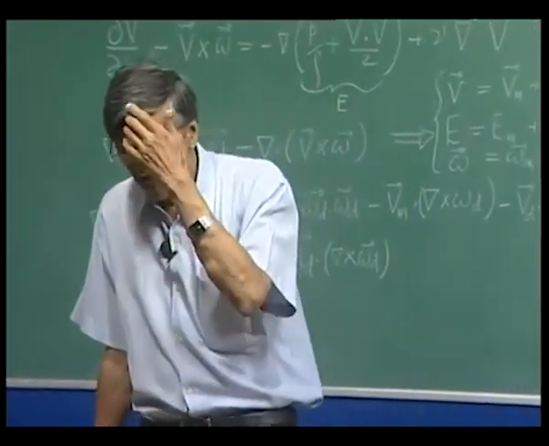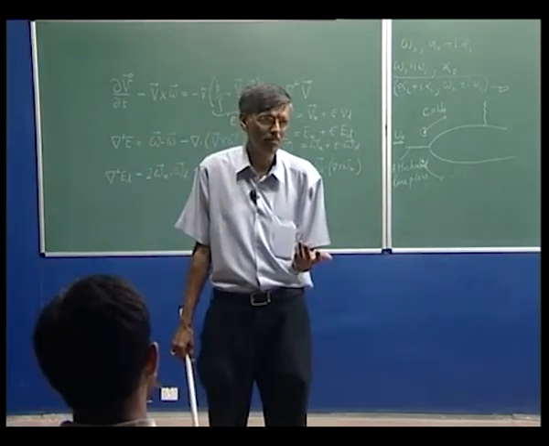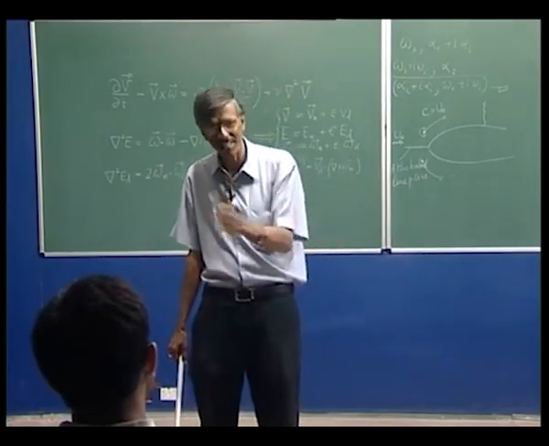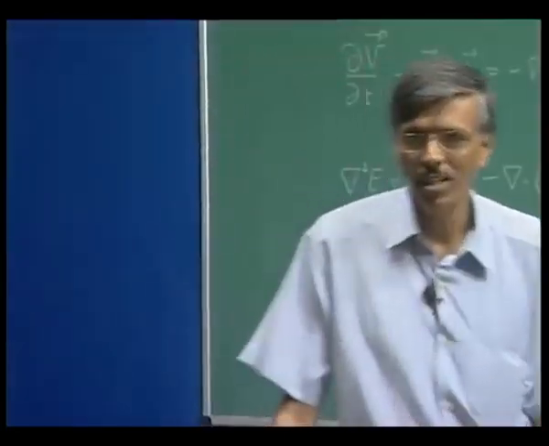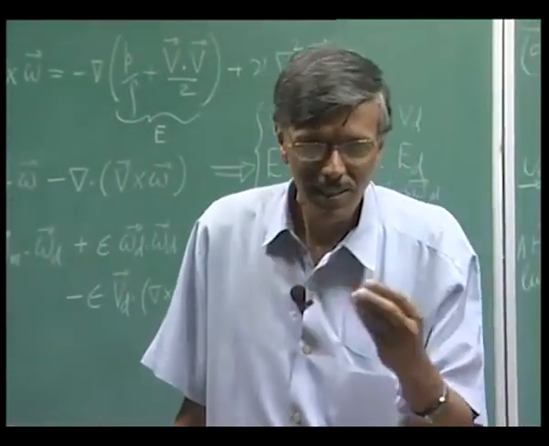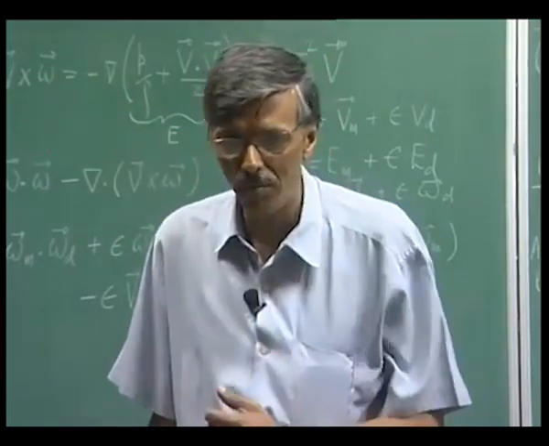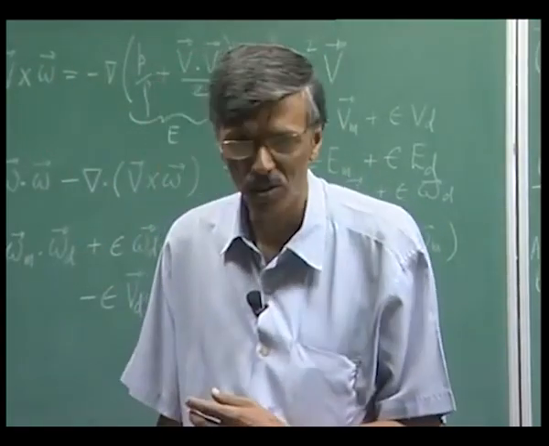For example, if I talk about the flow inside a turbomachine, then what happens? You have the stator, rotor, etc. The stator will eject vortices in its wake, and that will be impinging on the rotor.